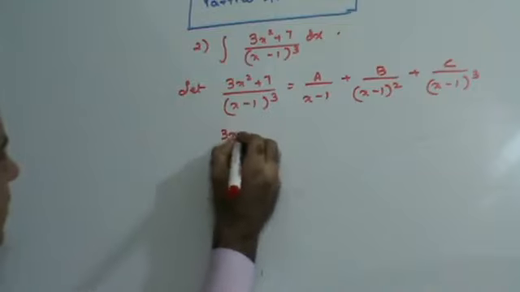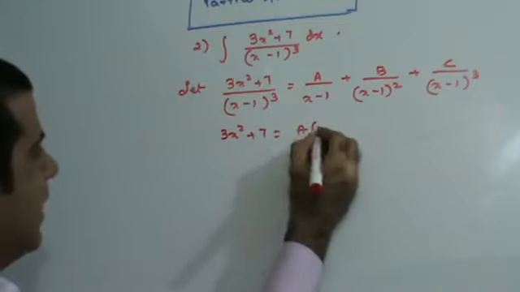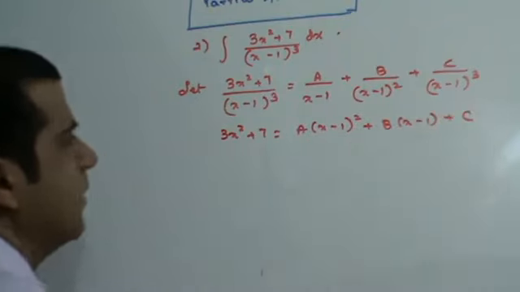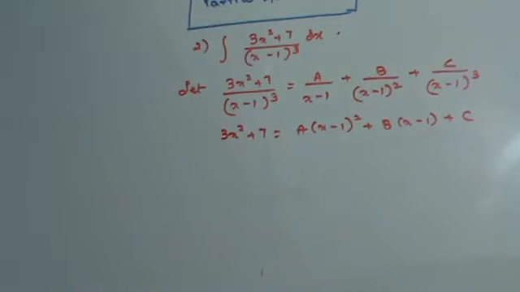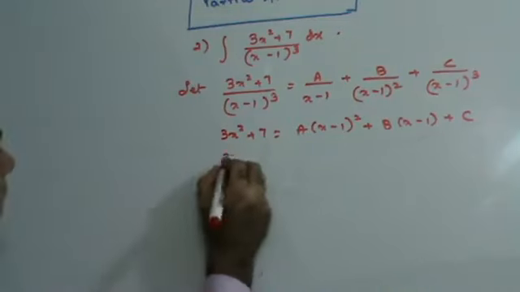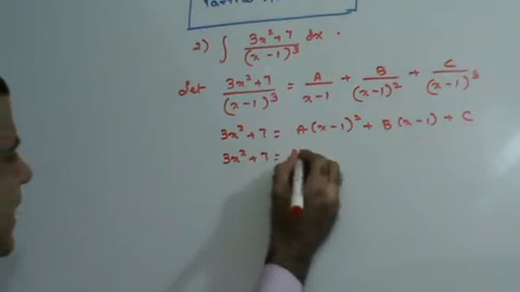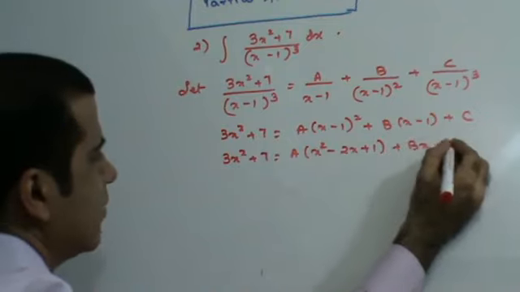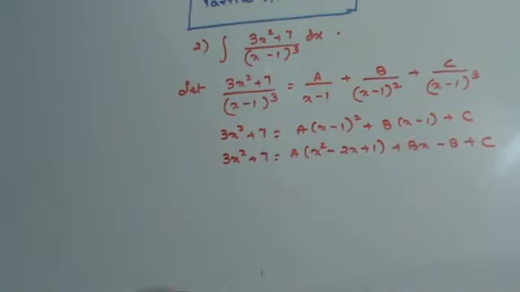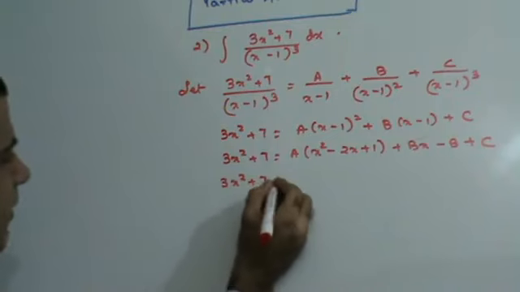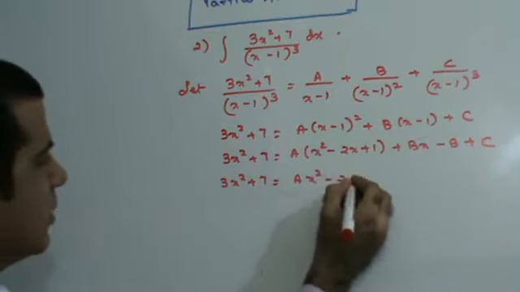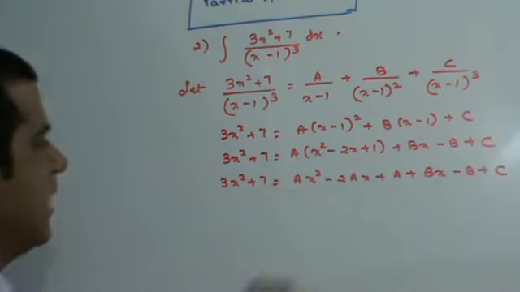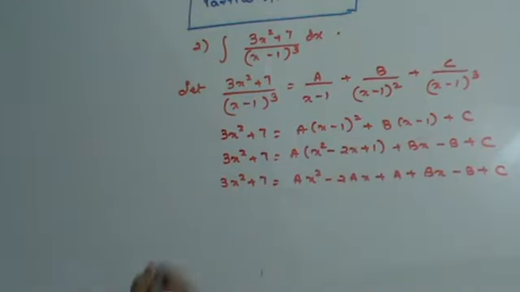Now, this can be written as 3x square plus 7, LCM, A (x minus 1) the whole square plus B (x minus 1) plus C. Common denominator (x minus 1) the whole cube cancel. 3x square plus 7 is A expand, x square minus 2x plus 1, plus Bx minus B plus C. This is 3x square plus 7 is equal to Ax square minus 2Ax plus A plus Bx minus B plus C. Opening the bracket.